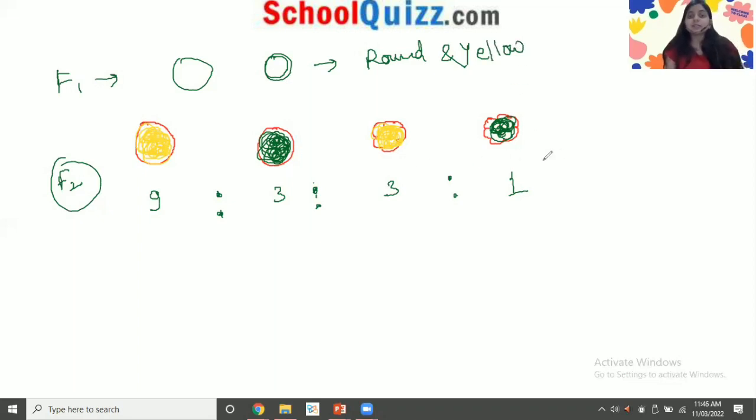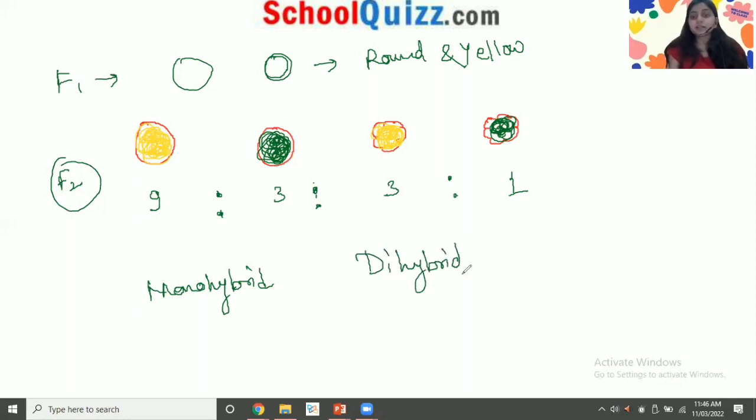So these are Mendel's experiments, the monohybrid, which we discussed in our previous class, and the dihybrid experiment. So in the next class we will discuss the law of inheritance.